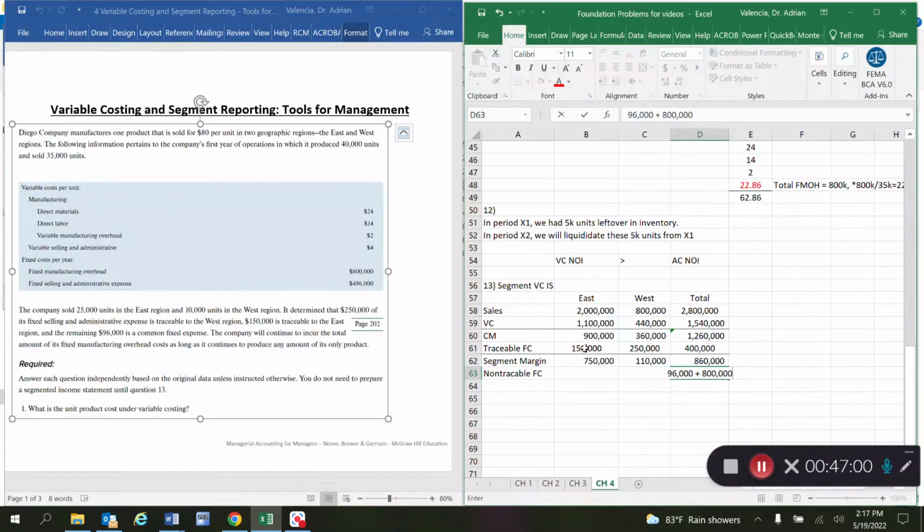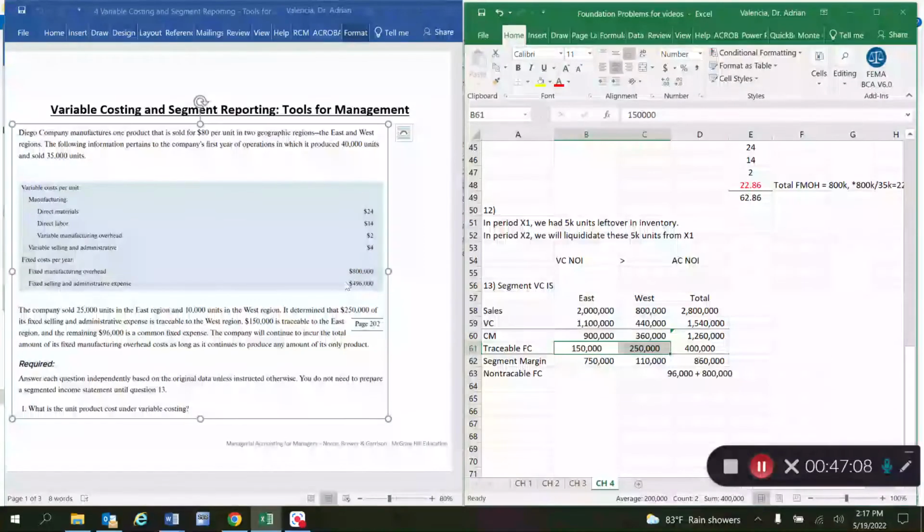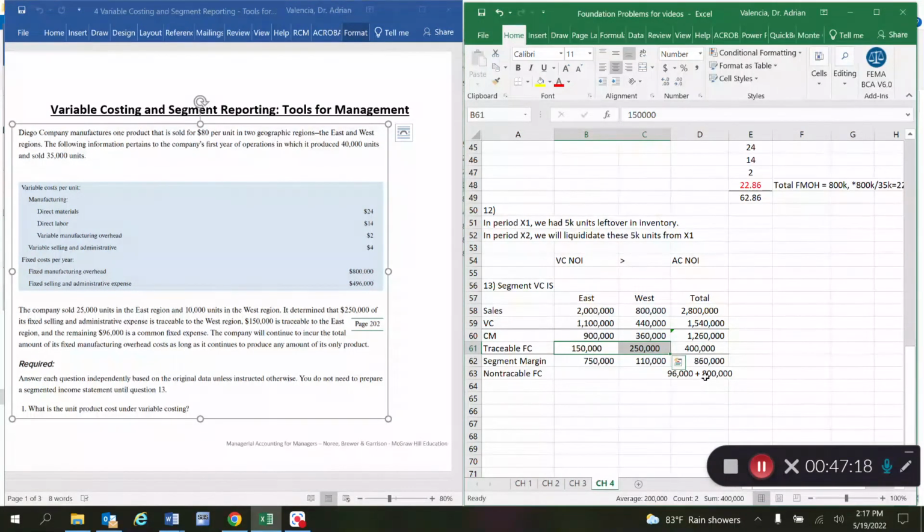So we've got to do all of the fixed costs. We were able to assign 400 of the total to east and west, but the remaining amounts we weren't able to assign specifically. So that's where we are bulking it up as one. When I get this amount right here, it's 896,000. And I'm going to subtract this, and this gives us our net operating income or net operating loss.